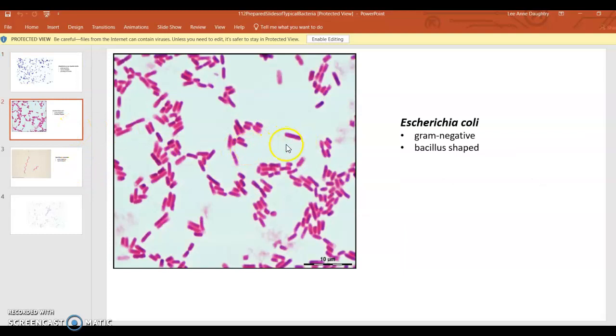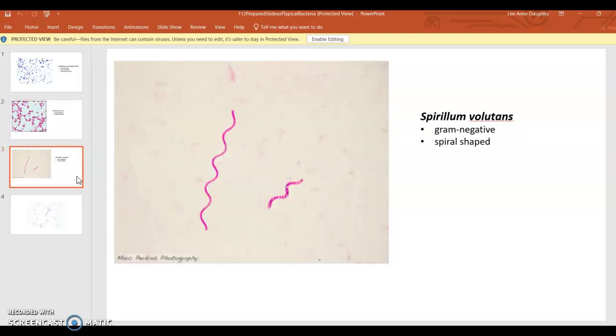And these are Escherichia coli, or more commonly known as E. coli bacteria. They have stained pink, so they are gram-negative bacteria. And they have a rod shape, or an oval shape, and that's called bacillus-shaped. And then we have Spirillum volutans, which is staining pink, so it's gram-negative, and it's spiral-shaped.